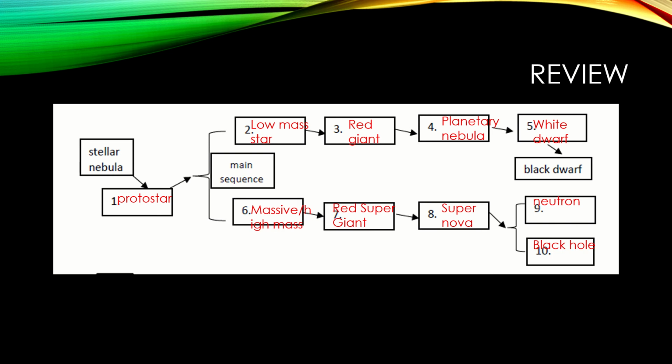After the explosion or death of the star, it will become either a neutron star or a black hole. So this is the concept map of stellar formation and evolution.